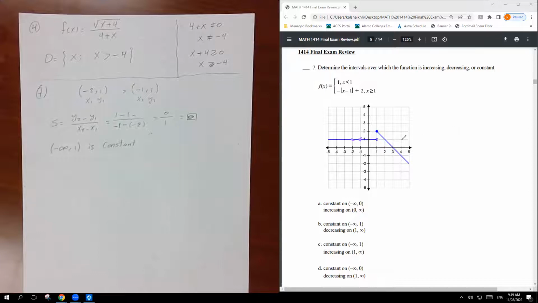Let's check from 1, you see there is a closed circle, so it's going to be closed.